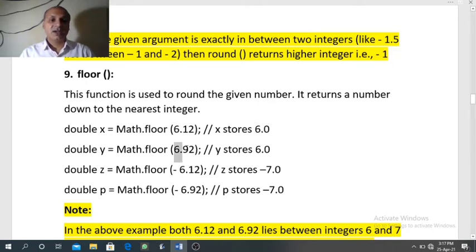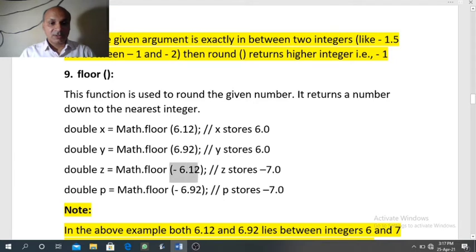Now 6.92 is the argument. Again it is between 6 and 7, and the lower value is again 6, so again the answer is 6.0. So here after the point, whether you have 1 or 9, it does not matter, because in both cases we have to find the lower integer.